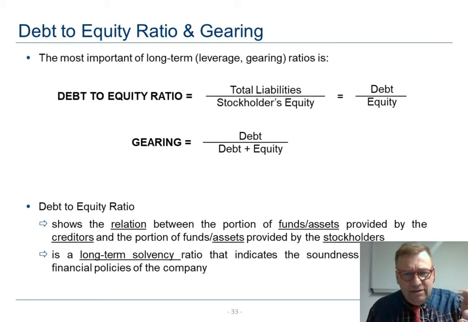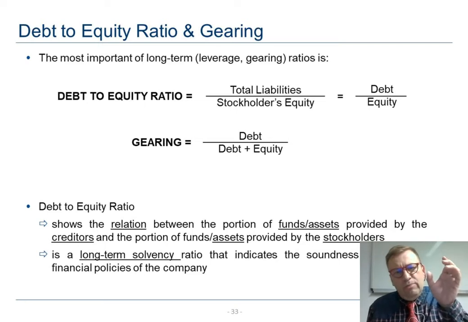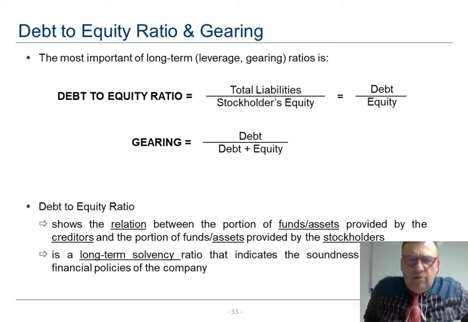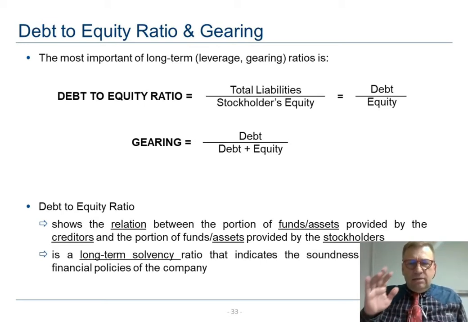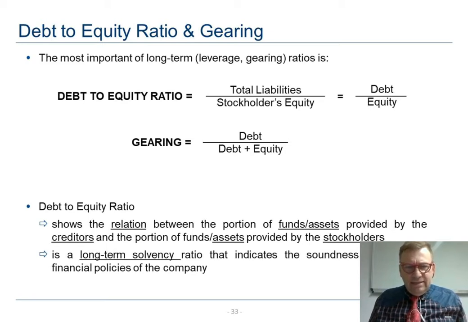A slightly different concept is called gearing. We put the debt as a proportion of the whole right side of our balance sheet, the total of debt and equity. But let's concentrate on the DE ratio. As it's explained, it shows the relation between the portion of funds, assets, provided by the creditors and the portion provided by stockholders.